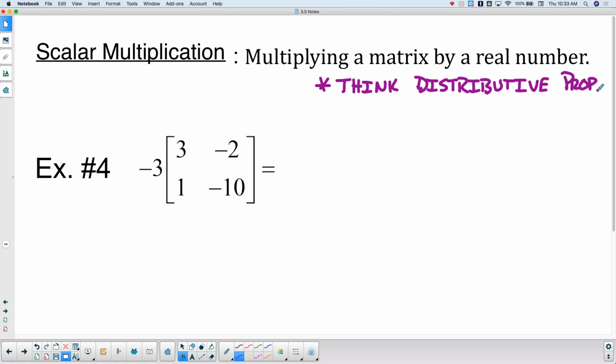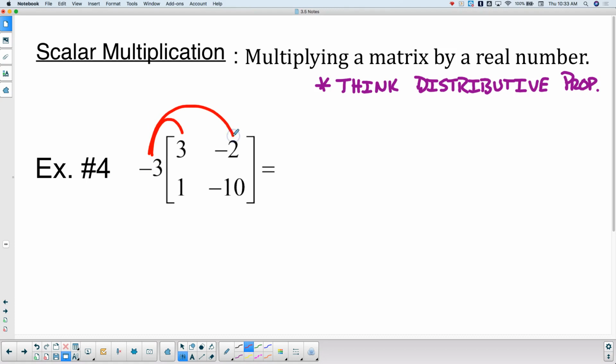If I had 3 times the quantity x plus 2, I would distribute that 3 into all the parts inside the parentheses. If I had negative 2 times the quantity x squared plus 2x minus 4, I would distribute that negative 2 into all the parts inside the parentheses. Well, with matrices, I do that exact same thing.